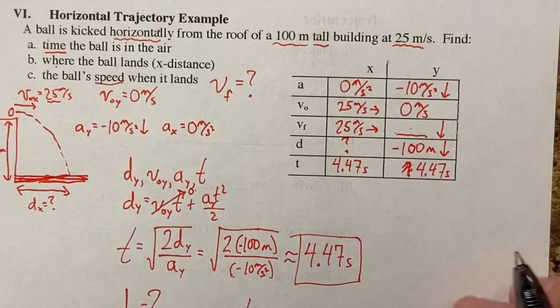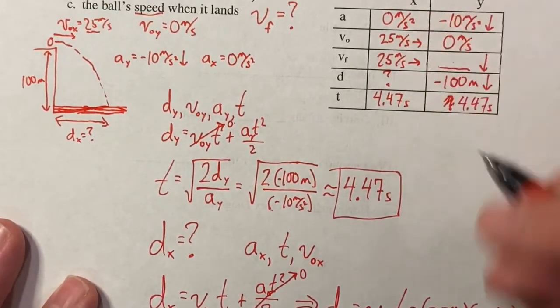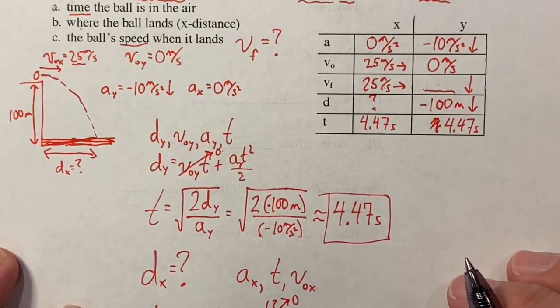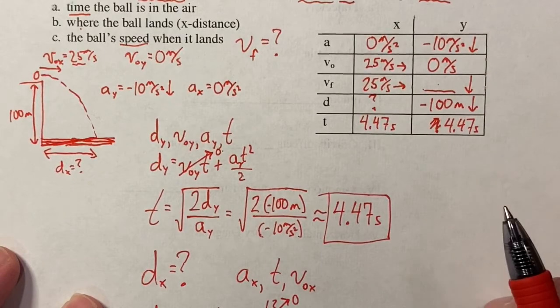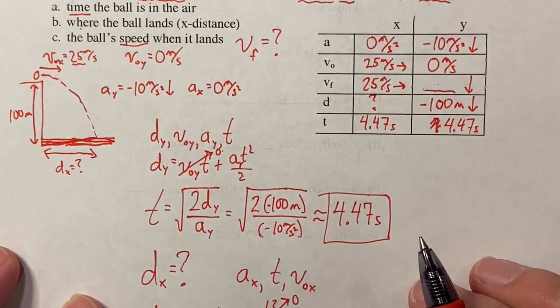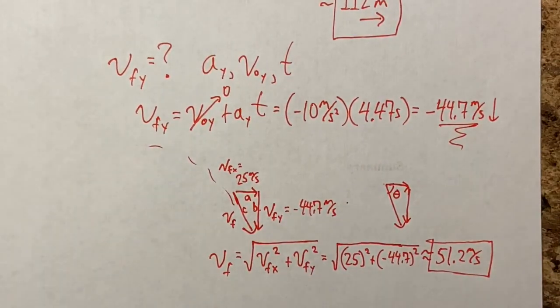And finally, we just want to remember to look through our givens and keep those separate and find where we can solve for time, because then we can use that time to fill in both sides and come up with any piece of information that we're interested in.